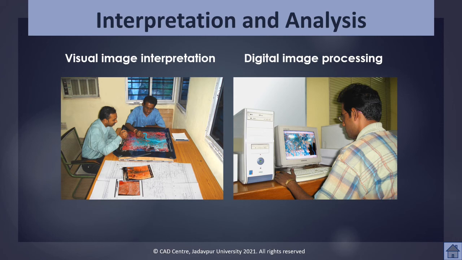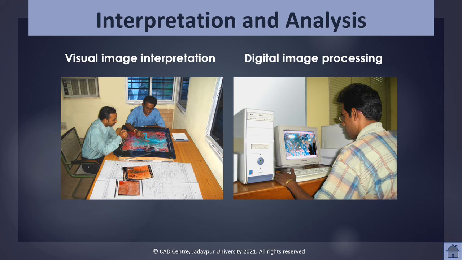Now, in case of digital image processing, scientists have made significant advances in digital image processing of remotely sensed data for scientific visualization and hypothesis testing. It is commonly known that the human eye can distinguish only between 40 to 50 shades of gray when interpreting a grayscale image.